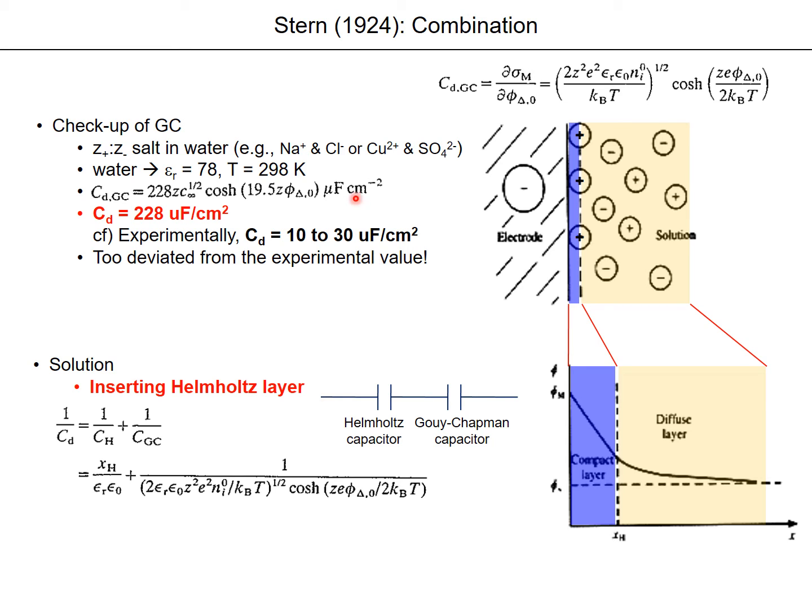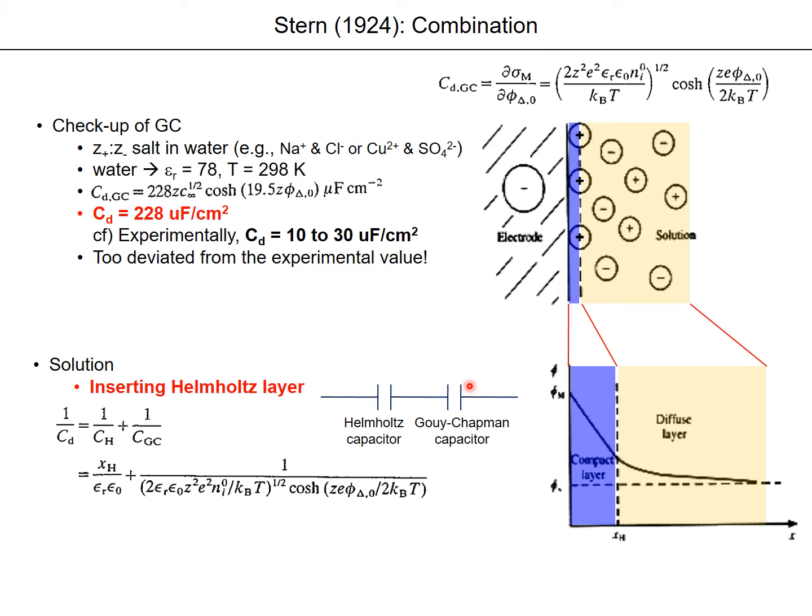Stern proposed a solution, inserting a Helmholtz layer. In the Gouy-Chapman model, we don't have a Helmholtz layer, only a diffuse layer nearby on the electrode surface. But Stern tried to insert the Helmholtz layer between the diffuse layer and the electrode. So right now we have a Helmholtz capacitor and a Gouy-Chapman capacitor, both in series.